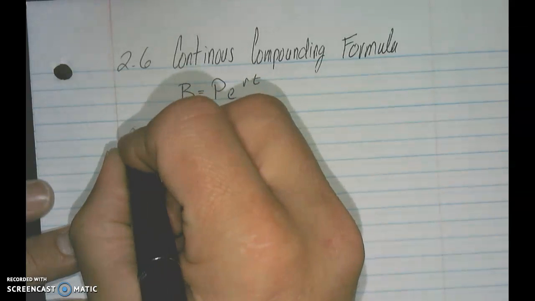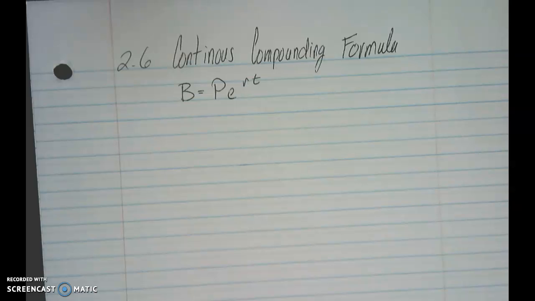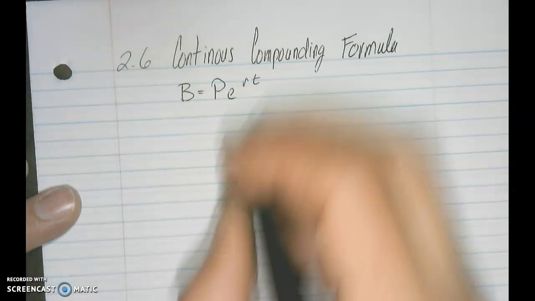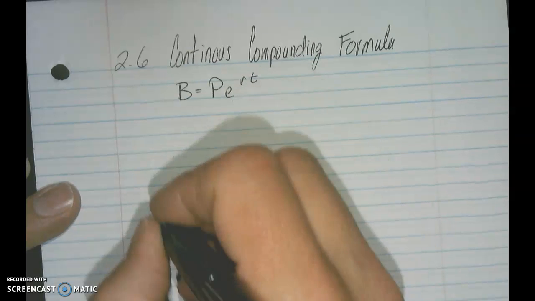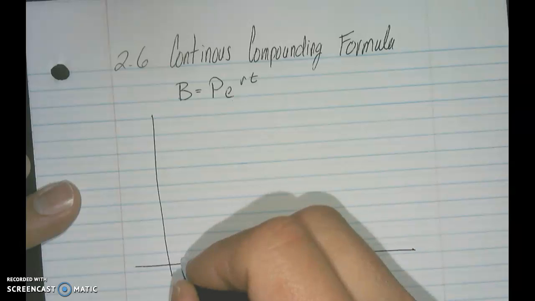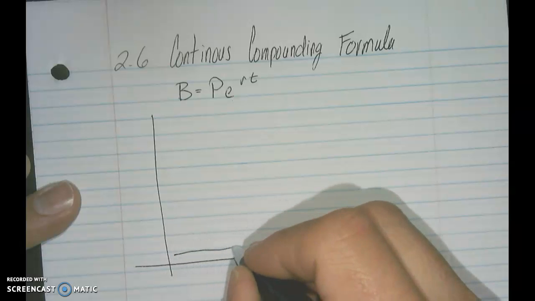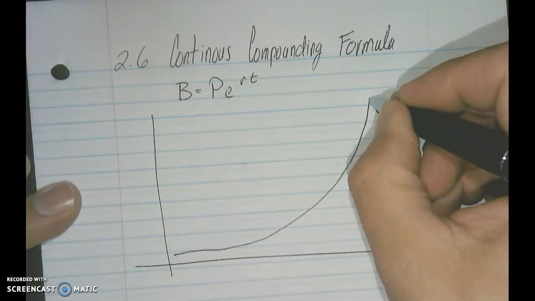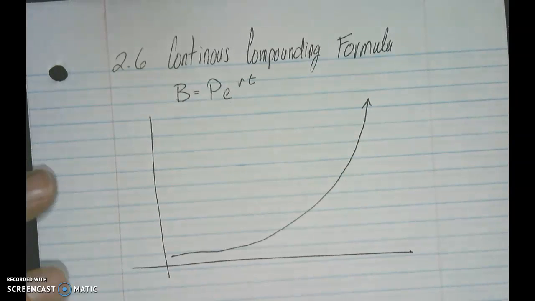So what we're going to start with, let me explain what we're looking at, okay? So this is our exponential growth formula, all right? What happens with our money is that it starts to grow a little bit, but then slowly it starts to go really, really, really high, really, really fast, okay?